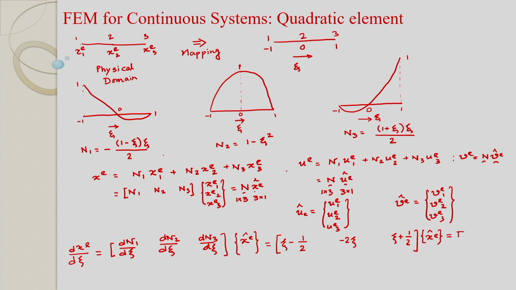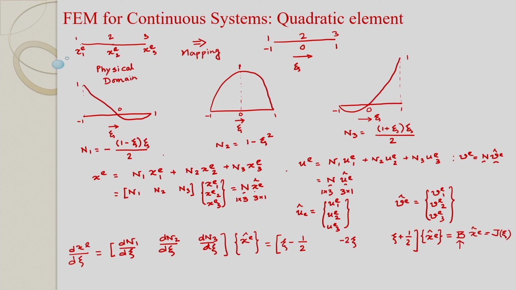This is equal to B x e hat. So, this matrix we are denoting by B, and this quantity is the Jacobian as a function of xi. Now, unlike the linear element, here B is not constant.